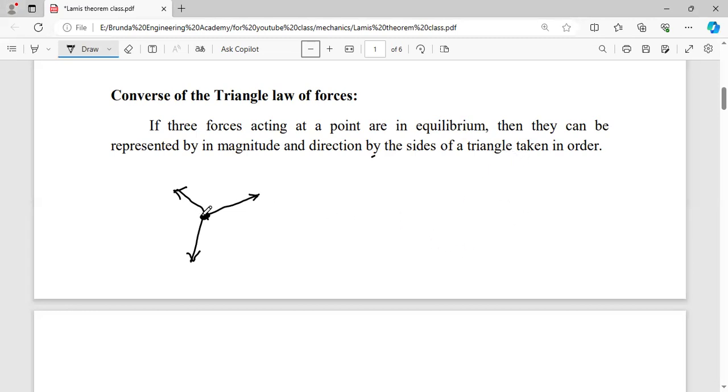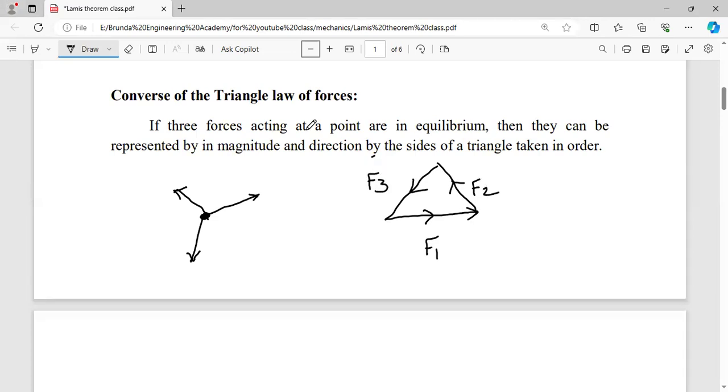So if three forces are acting as concurrent forces, then their sides: here it is one force, suppose I am taking here, and here is another side of the triangle, and it is another side of the triangle, three sides of the triangle. So here we can represent like this: force F1, force F2, F3.